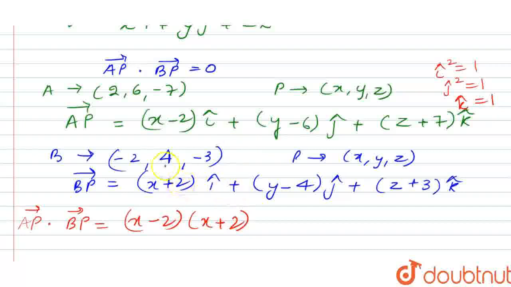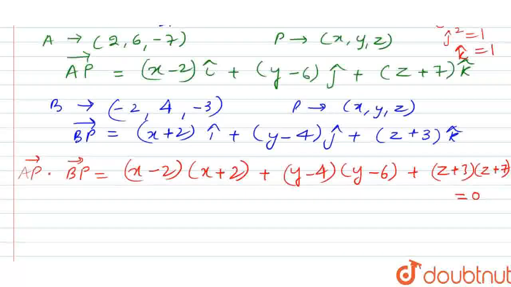When we multiply x plus 2 i cap with y minus 6 j cap, i cap dot j cap will be 0, so there will be no such term. So we write the final answer of our dot product as x minus 2 into x plus 2, plus y minus 4 into y minus 6, plus z plus 3 into z plus 7, is equal to 0. This will be the equation of our dot product.